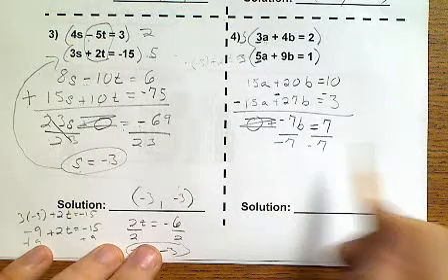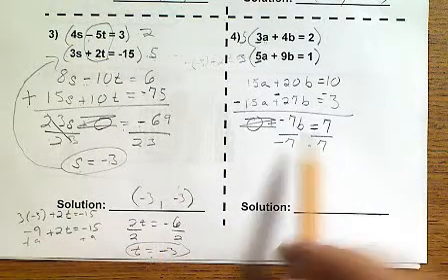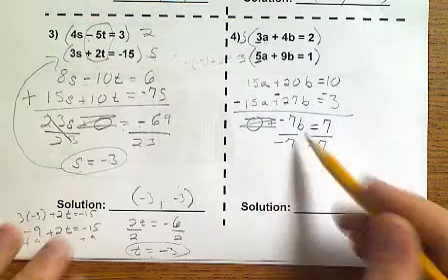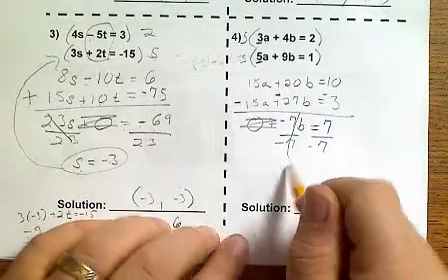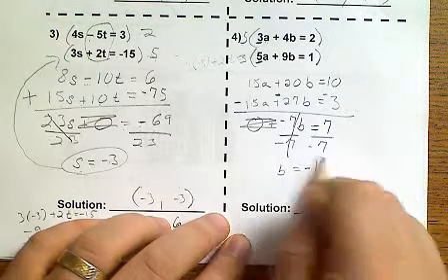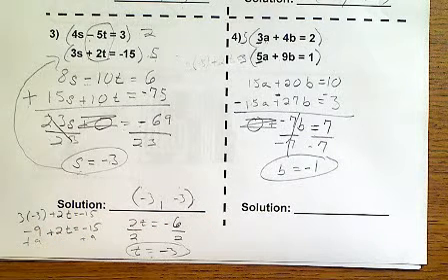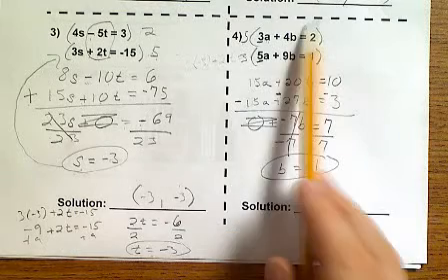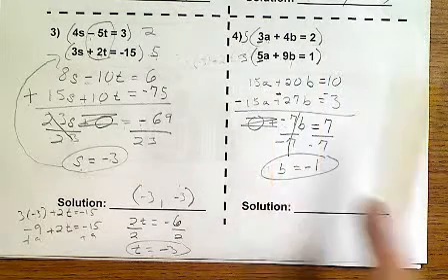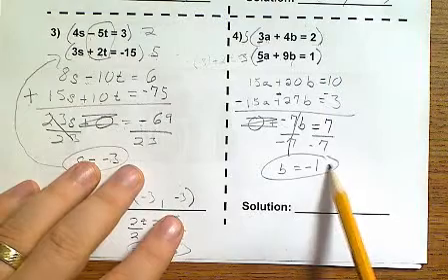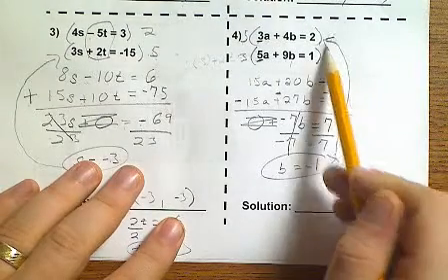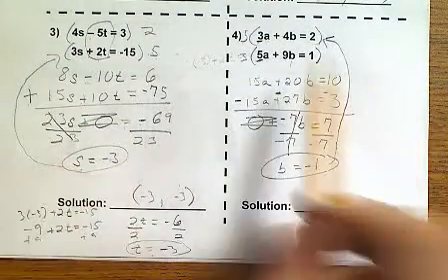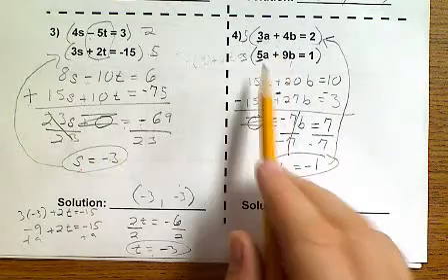And I divide both sides by the negative 7 in order to get rid of it. So that gives me that b equals negative 1. And I get to plug this into either equation. Because this one actually has smaller numbers, I'm going to plug it into that first equation, just to make use of 3 and 4 being smaller than 5 and 9.